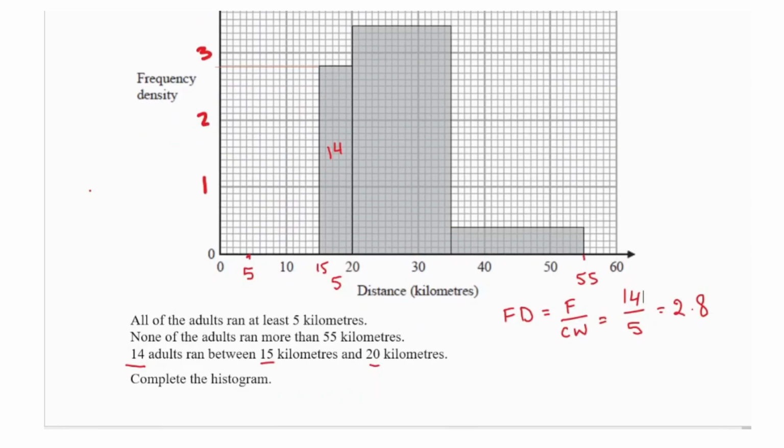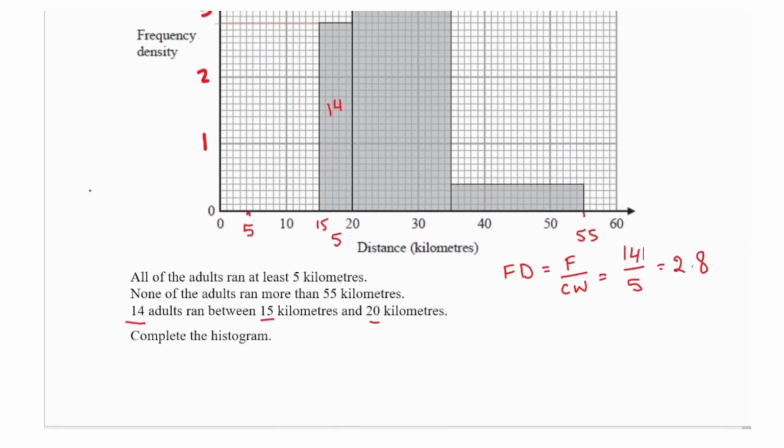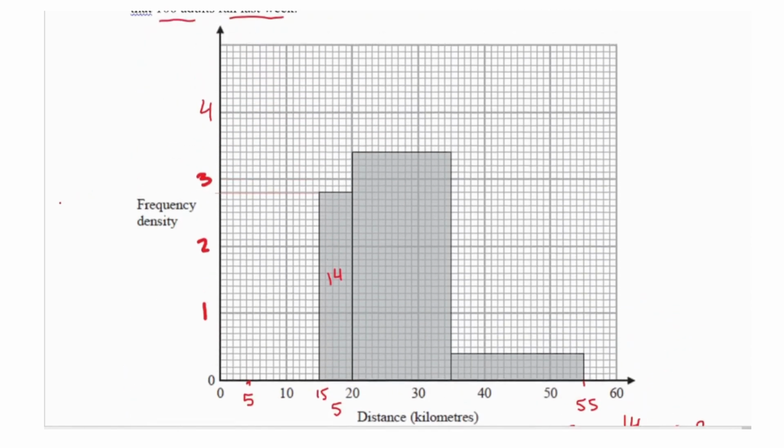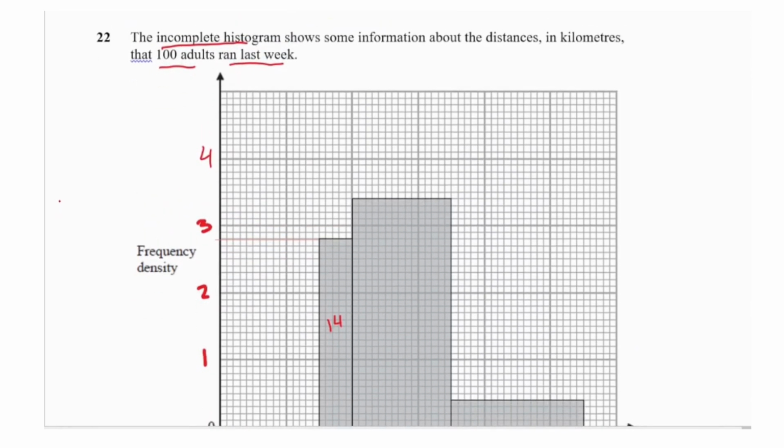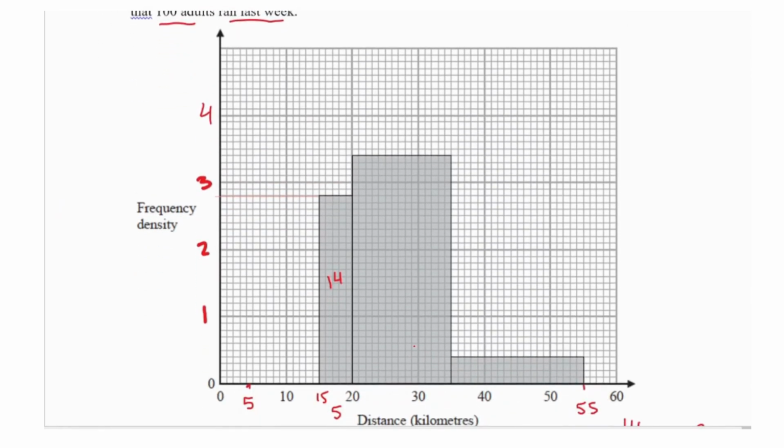Now what does the next part say? Complete the histogram. All of the adults ran at least 5. So there are a total of 100 adults, right? We're going to find out the frequency of this part, 15 to 35 is 20. And the frequency density on this side is 3, and 1, 2, 3, and 4 boxes, right? So times by 3.4, we will get 51. Let's check this one.